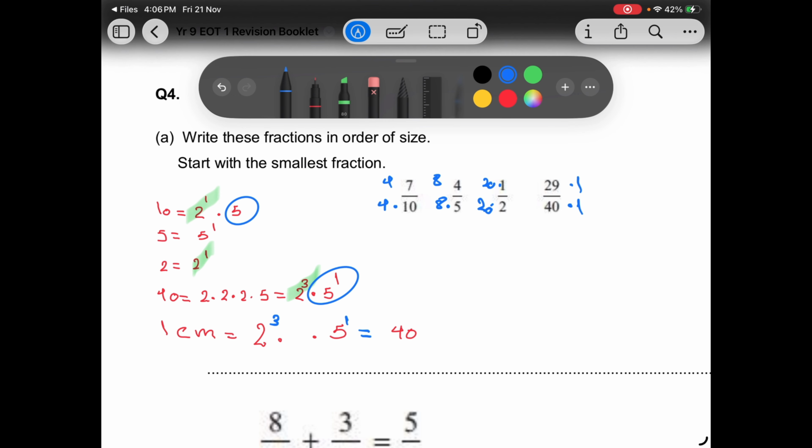Now I know that all of them have the same denominator, 40. I have 4 numbers. So this is 40, this is 40, this is 40, and this is 40 as well.